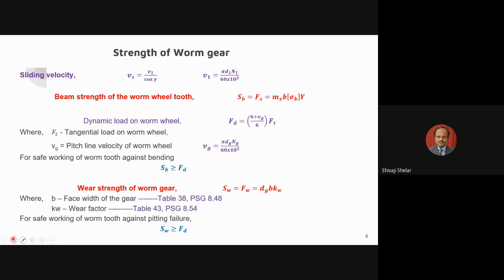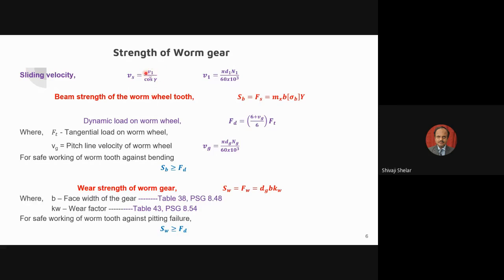Now let's go to the strength of the worm gear. Normally the worm gear has two types of strength: bending strength and wear strength. Let's calculate some of the terms here. Since there is friction and a sliding velocity, the sliding velocity Vs is equal to V1 by cos gamma, where V1 is the pitch line velocity of the worm and gamma is the lead angle.